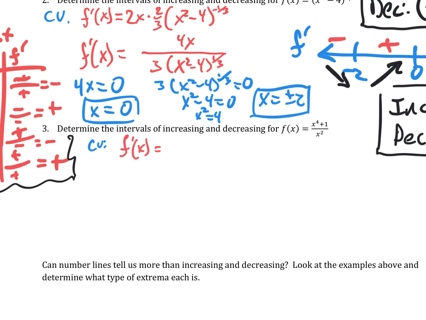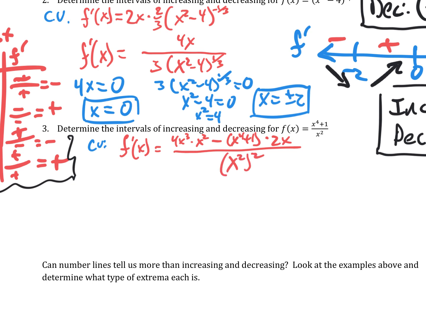So we have the derivative of the top is 4x cubed times the bottom, which is x squared, minus the top, x to the 4th plus 1 times the derivative of the bottom, which is 2x, all over the bottom squared.